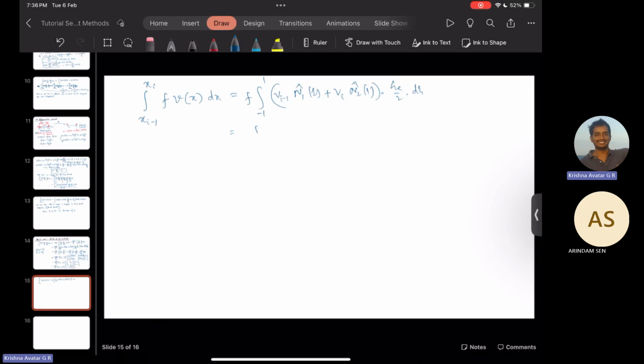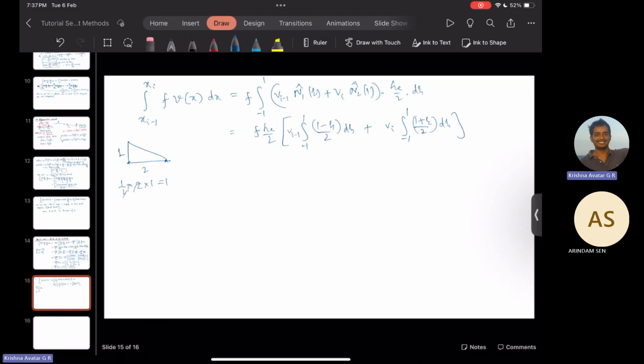So all that we have is f of h by 2, and then there will be two integrals: vi minus 1, minus 1 to 1, and hat is 1 minus z by 2 into dz, plus vi of 1 plus z by 2 dz. Say if you have this triangle whose base is 2 and height is 1, you clearly know that the area will be half into base into height, right?